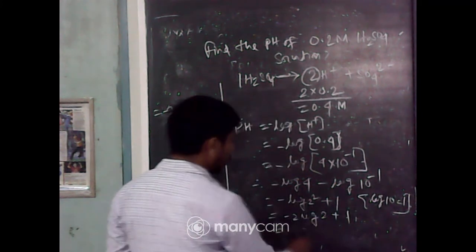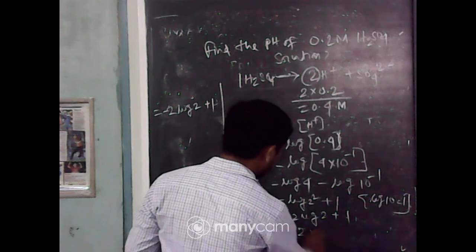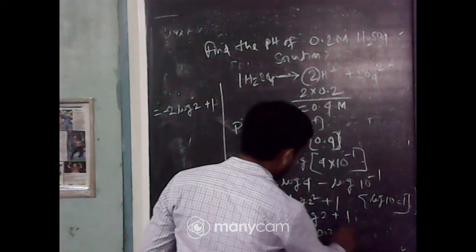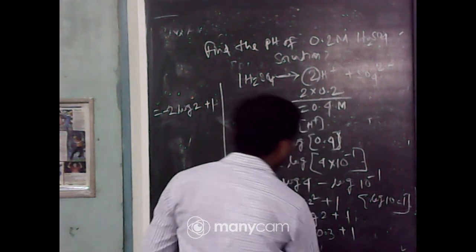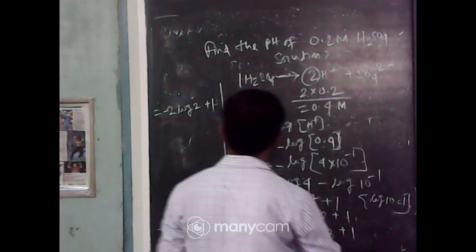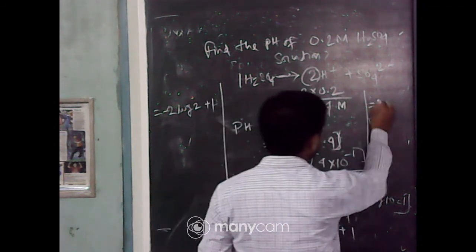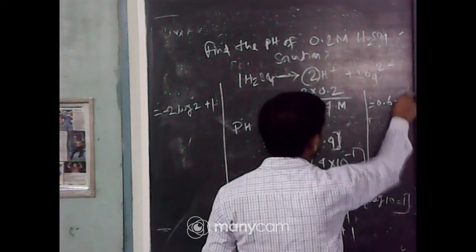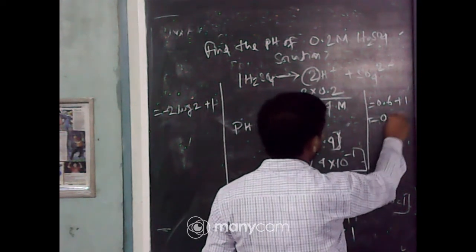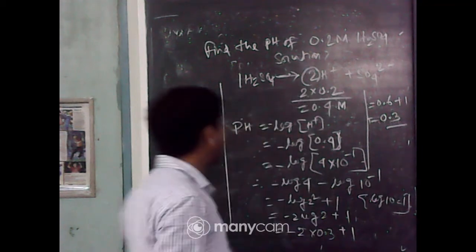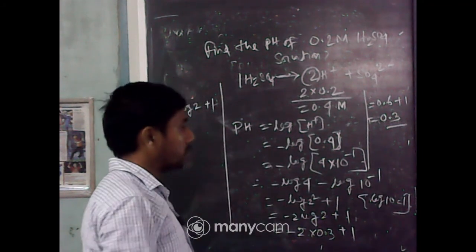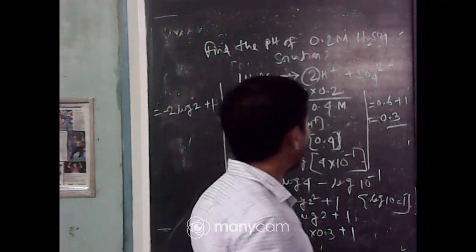So, 2 log 2 equal to 2 into 0.3, plus 1. I am writing it here. It is equal to minus 0.6 plus 1. So, roughly it is 0.3. So, the pH of the solution is 0.3.